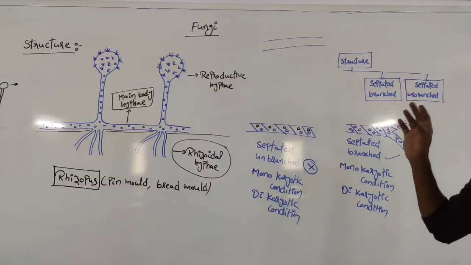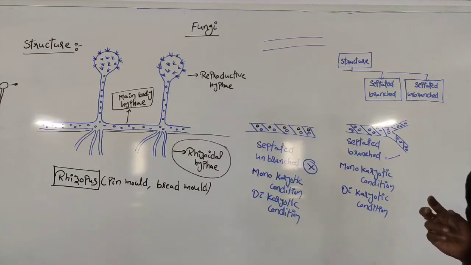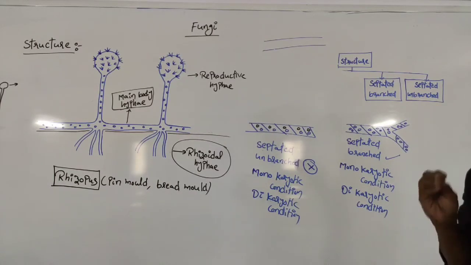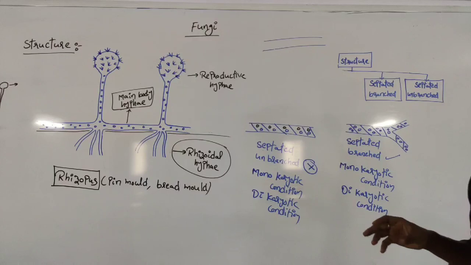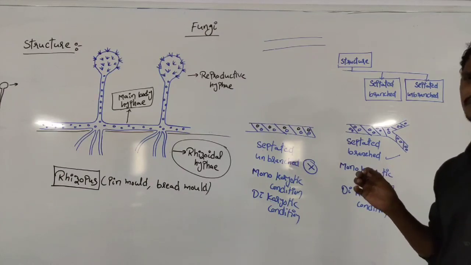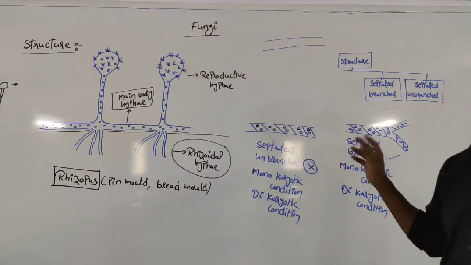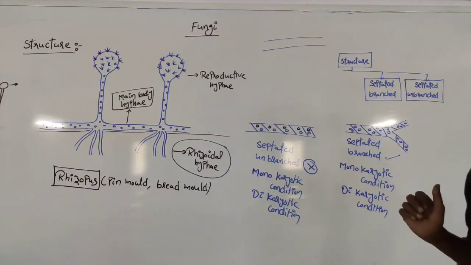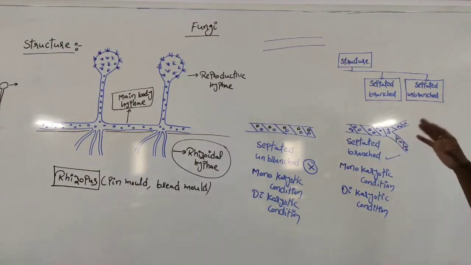The examples are also very important, and we have to remember them for the examination. Examples are the only difficult part; the remaining concept is very easy. That is about the structure and its types.